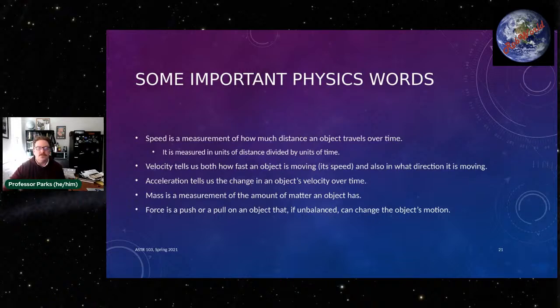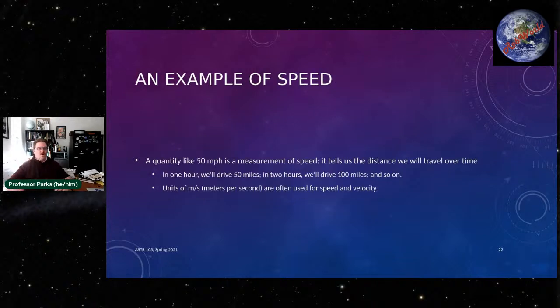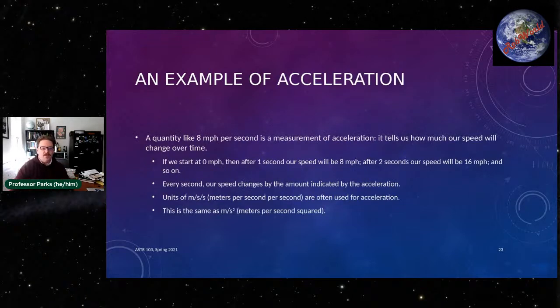So I've already talked about an example of speed. An example of acceleration is, say I have an object that is falling at 9.8 meters per second squared. What that means is if I let go of that object and it begins to accelerate at that amount, after 1 second, that object will be traveling with a velocity of 9.8 meters per second.